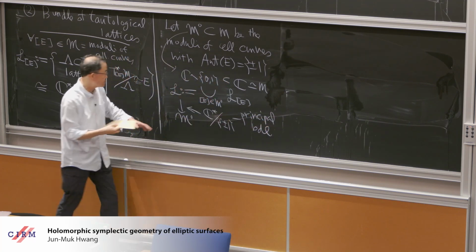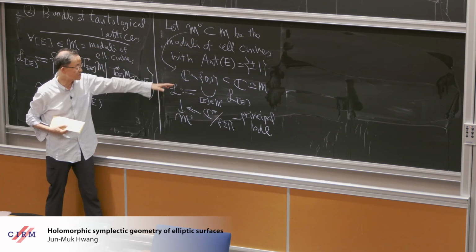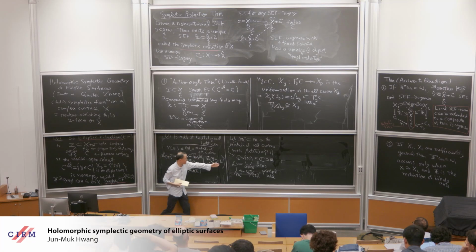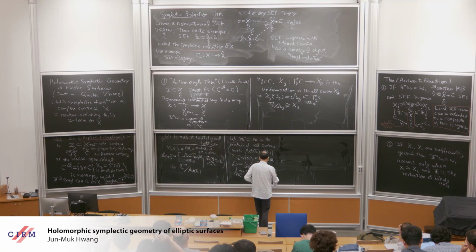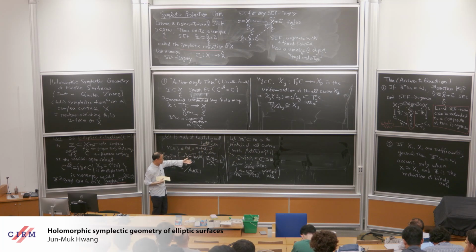So you have a natural principal bundle over this open set in the moduli space, consisting of just lattices, which give the corresponding elliptic curve. I will call it the bundle of tautological lattices. It's lattices which have a tautological property.